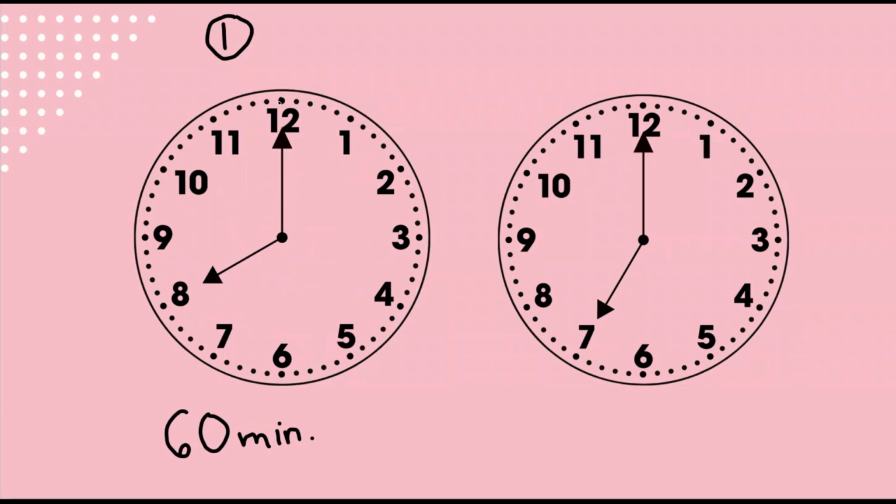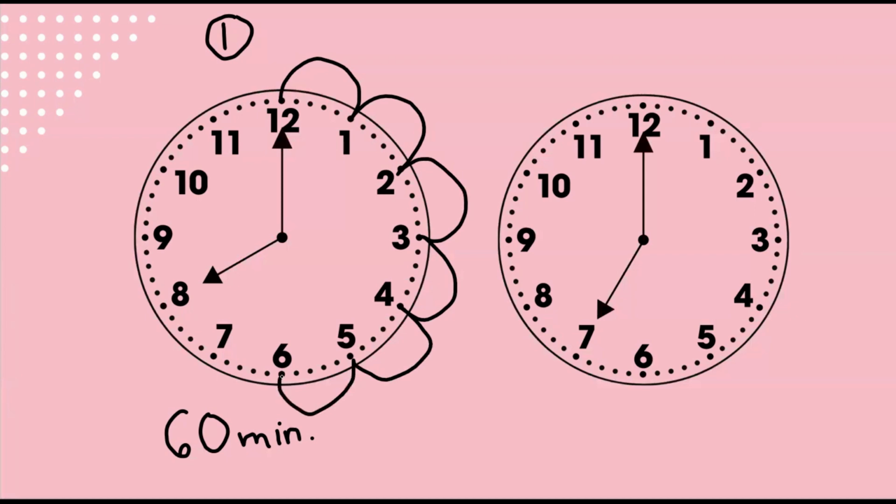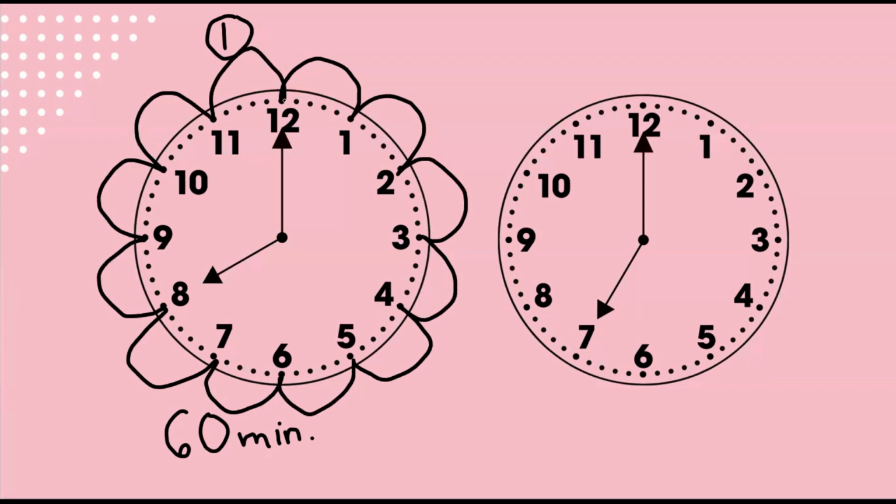Count with Miss K. Here we go. 5, 10, 15, 20, 25, 30, 35, 40, 45, 50, 55, 60. Good job. We just counted by 5s all around the clock for 1 whole hour of 60 minutes.